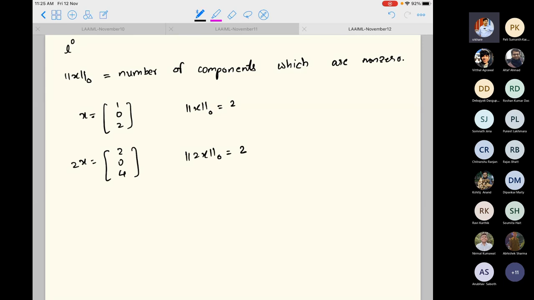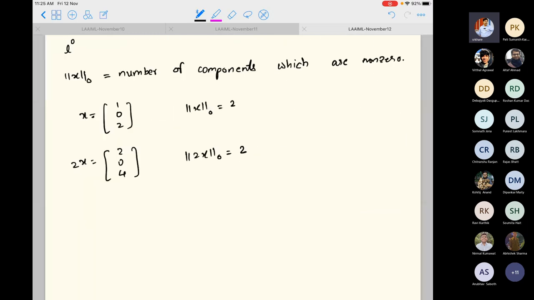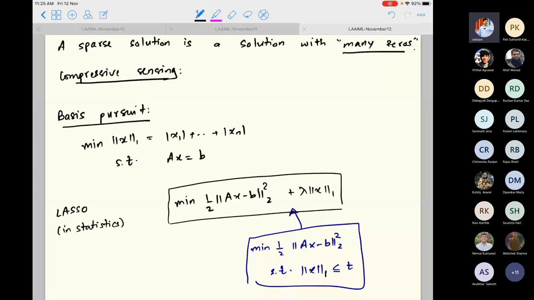So instead of minimizing this, you convexify the problem. After convexifying, what you get is basically the L1 norm. Please notice that here both the cost functions are convex, right? So both these problems, basis pursuit or lasso, whichever formulation you want to look at, are actually convex optimization problems.